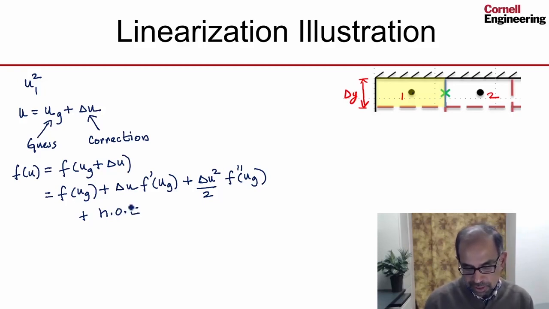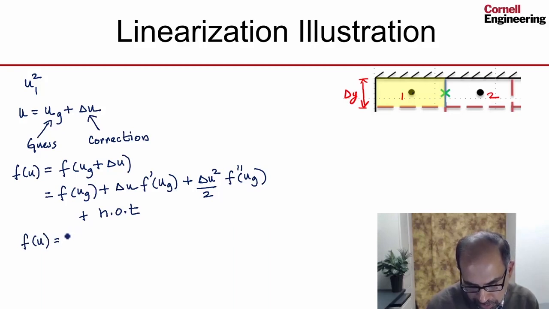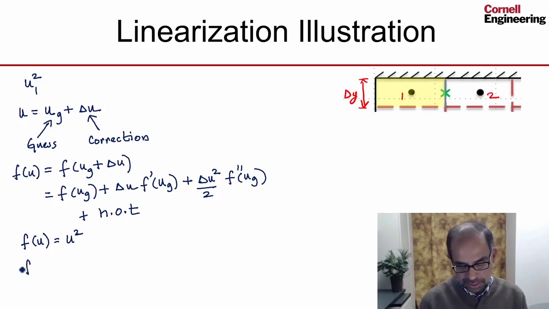We are interested in the case here where f of u is u squared. So we look at the case where f of u is equal to u squared, and f of u guess is just going to be that evaluated using the guess.